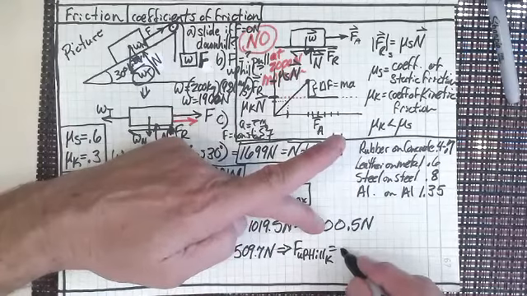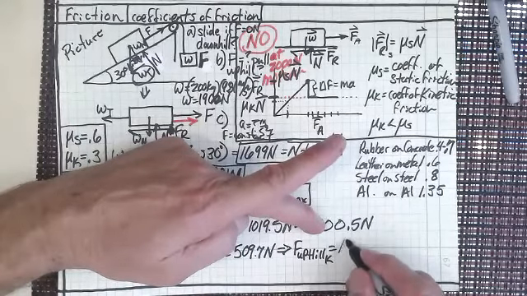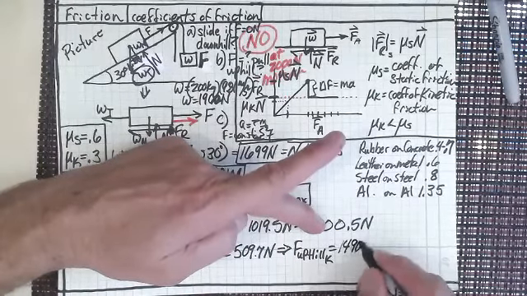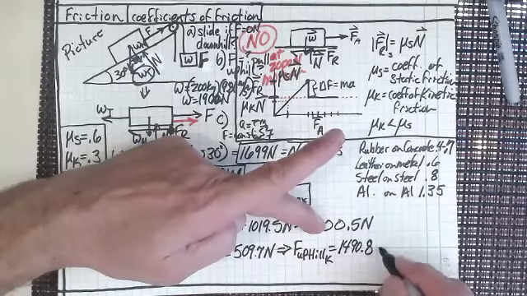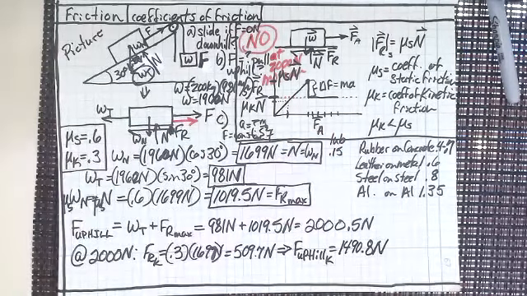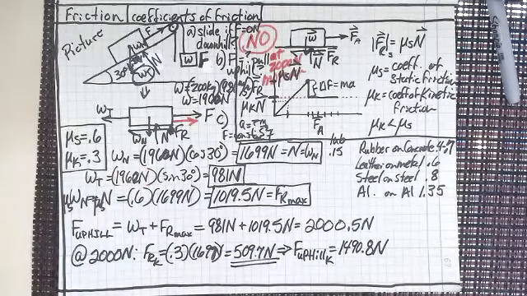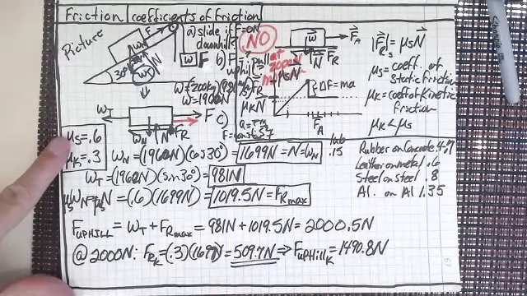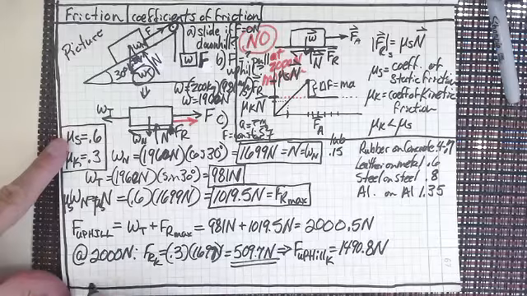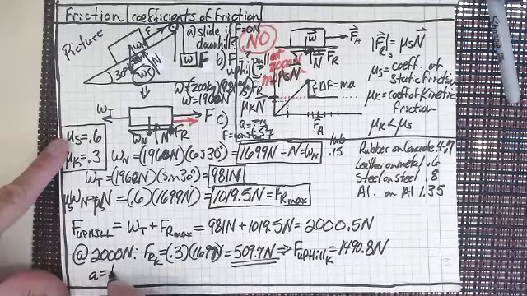So kinetically uphill, it's only going to need 1490.8 newtons. So the extra 509.7 newtons that it's got is going to turn into acceleration, because F equals ma. F equals ma. So a is going to be F over m.